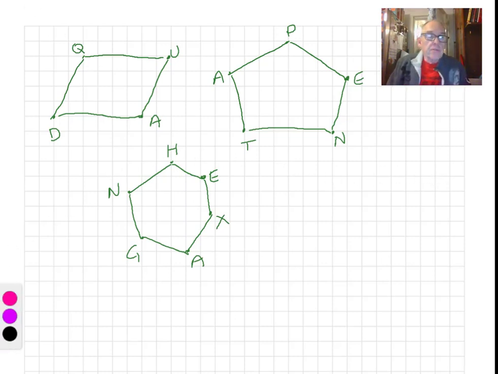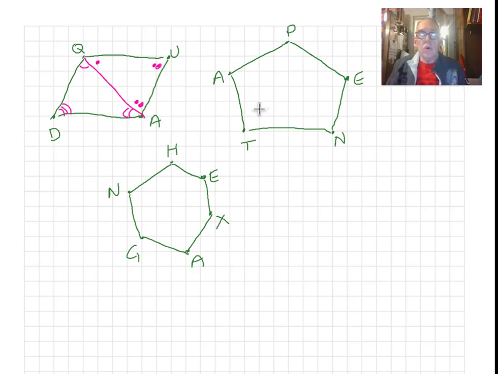So if we look at this quadrilateral here, this is a parallelogram. What I can do is draw a diagonal from Q to A that cuts this figure into two triangles. Now if I look at the angles in each one of these triangles, between these two triangles, if we sum up all the angle measures, we basically have all the angle measures inside this quadrilateral.